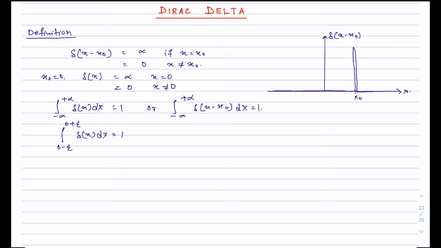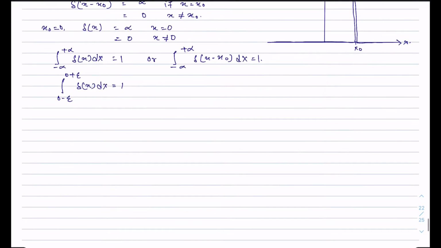So now let's find its dimension. The dimension of delta(x) is the inverse of the dimension of its argument.